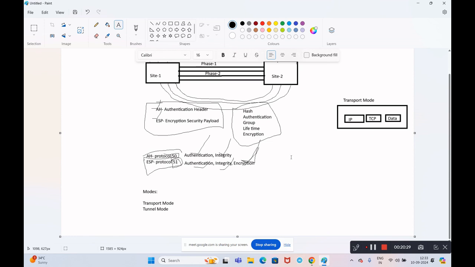So in the transport mode there will be no such new IP header. Whatever IP header is sent to site 2, it will just send that original IP header without adding any new security layer or new IP header. Okay, in the tunnel mode, what it will do is add a new IP header so that it will protect the original IP header.